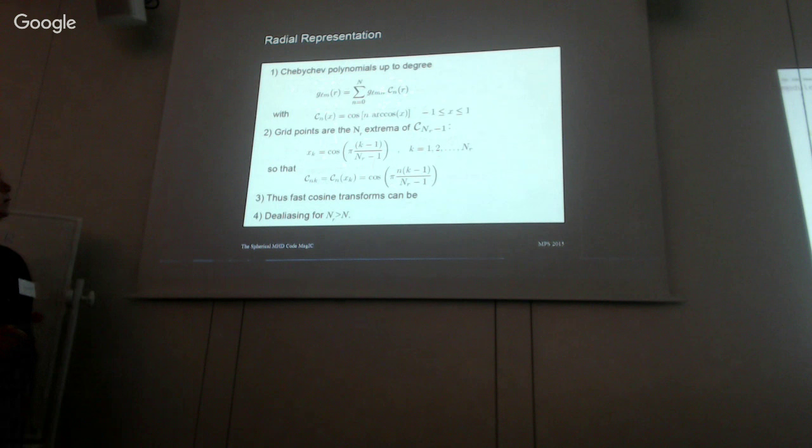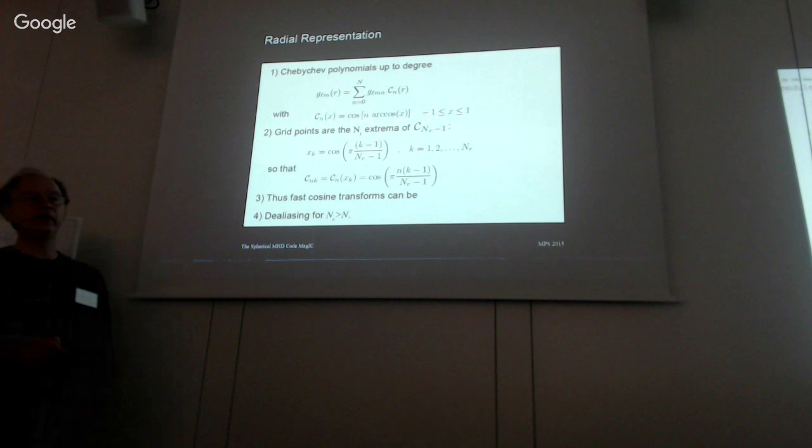So as I said, what we do is we use Chebyshev polynomials. They are called Cn here. In the code, they are called Cheb. They're defined like this: the cosine of n, where n is the degree of the Chebyshev polynomial, times arccosine of x, where x varies between -1 and 1.